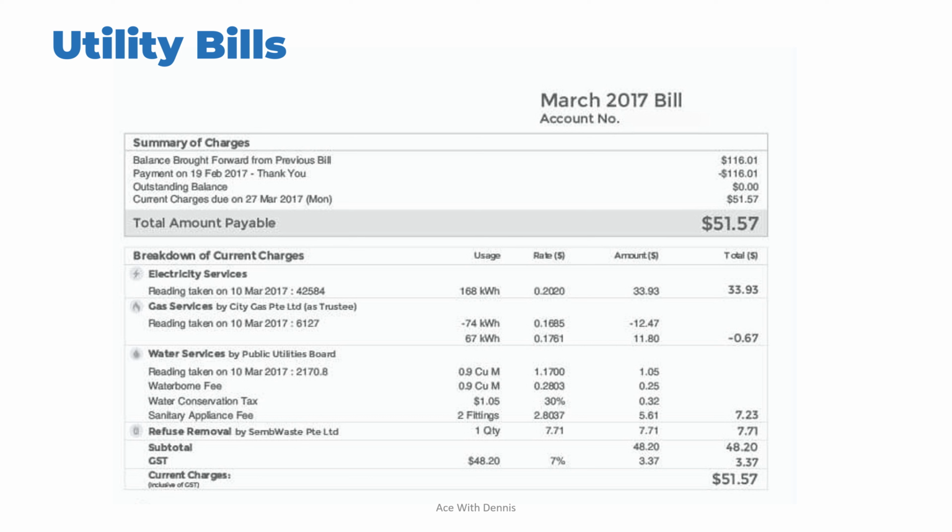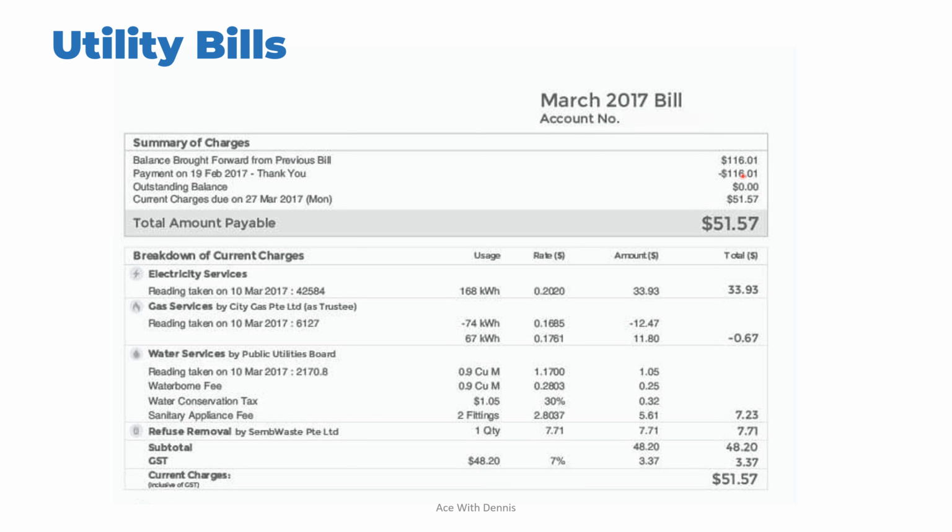So this section is the most important section of the utility bill because it shows all the details that we want to know. So let's see this page in detail. This is an example that I grabbed from the internet, and this bill was 5 years ago, which is March 2017. The first section shows a summary of the charges, where it records how much the previous bill is, and whether we have paid this bill or not.